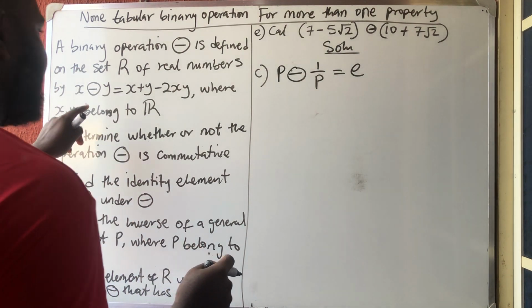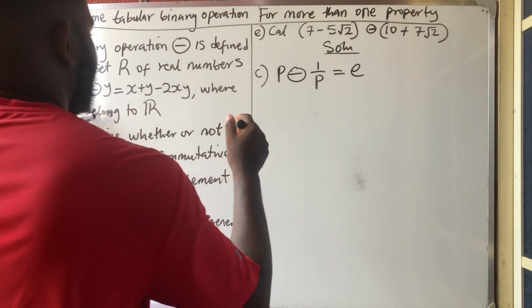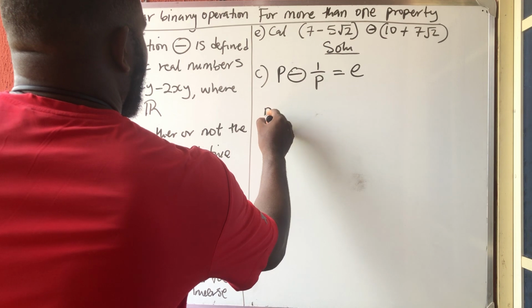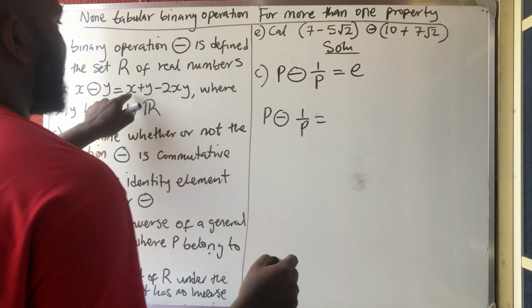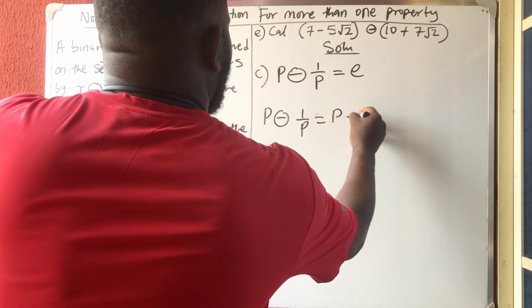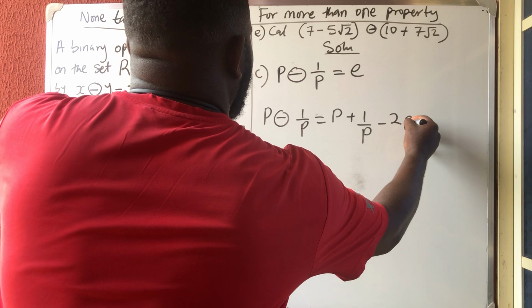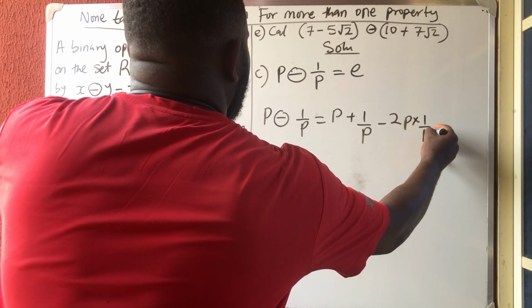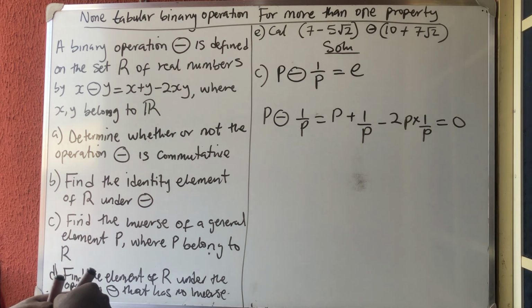So what do we mean? When P operates on 1 over P, we simply substitute in this formula. So I'm having P plus 1 over P minus 2P times 1 over P is equal to 0. As simple as that.